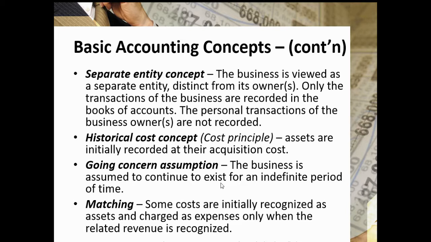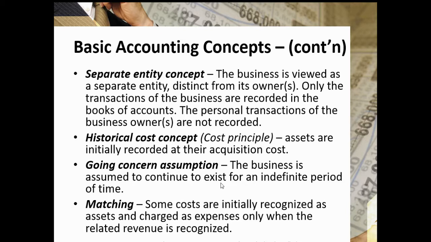So, i-record mo muna siya as asset at eventually, i-record mo din siya as expense kapag na-record mo na yung kabangga niyang revenue. For example, meron kang binili na yung mga inventory. So, yung mga inventory mong yon, i-record mo muna siya as asset kasi hindi mo pa naman siya nabibenta.